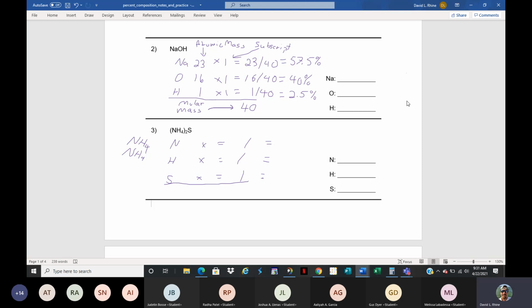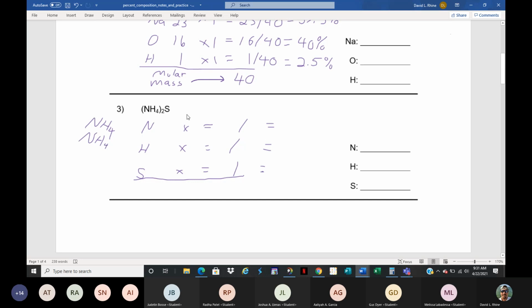Okay. Next, we haven't dealt with parentheses yet, so I'm going to show you again how to deal with the parentheses. This 2 outside the parentheses tells me I have 2 of everything inside here. So I have 2 NH4s.